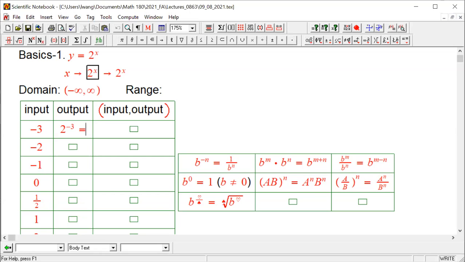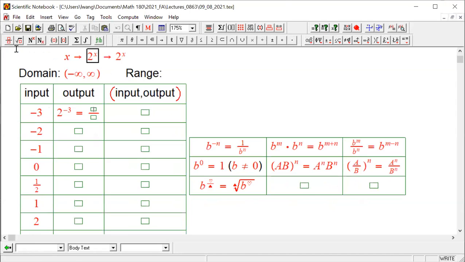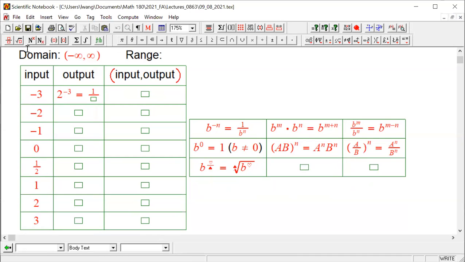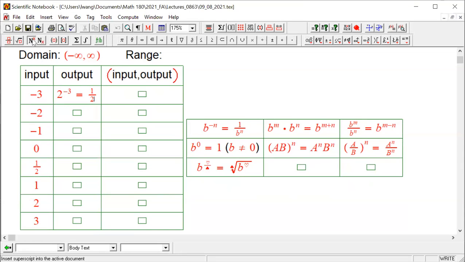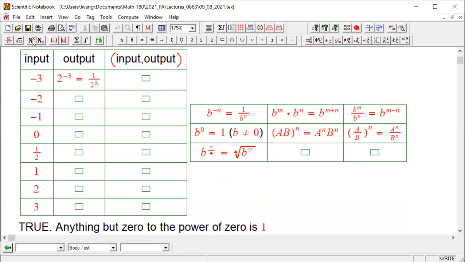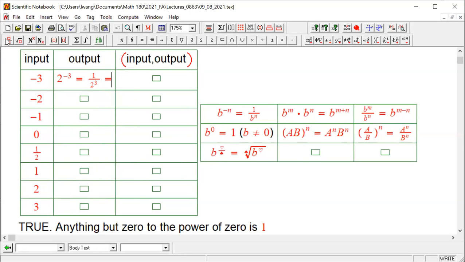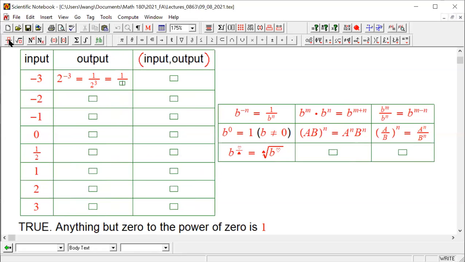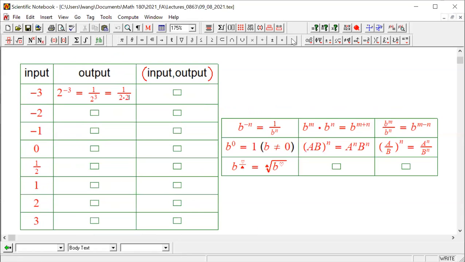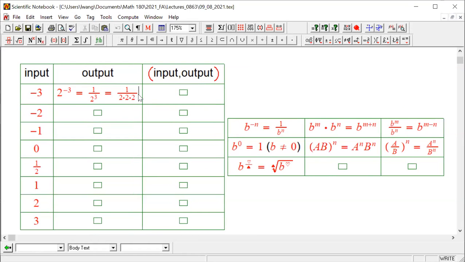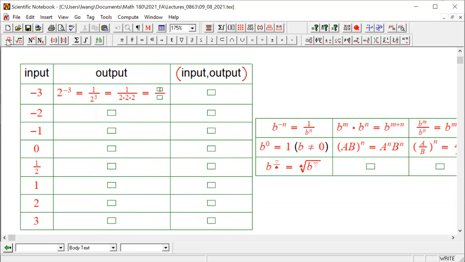What would that be? I want to say 1/8. Sorry? I didn't hear you, but 1/8, that's absolutely right. It is 1 over 2 to the power 3. Okay, so that will be equal to 1 over 2 times 2 times 2. So it equals 1/8.